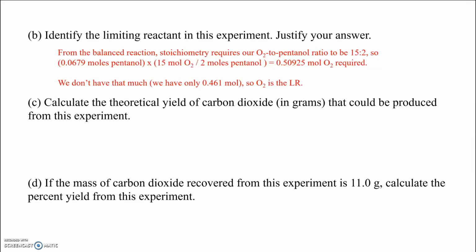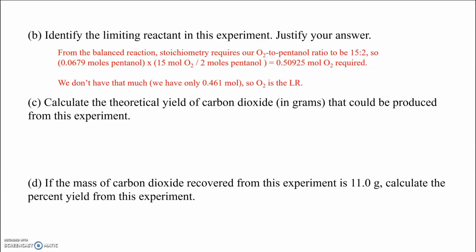So 0.0679 moles of pentanol times 15 moles of oxygen for every 2 moles of pentanol means I need 0.50925 moles of oxygen required. I don't have that much. We only had 0.461 from the previous part of this problem. So that must mean that oxygen is the LR, or the limiting reagent.